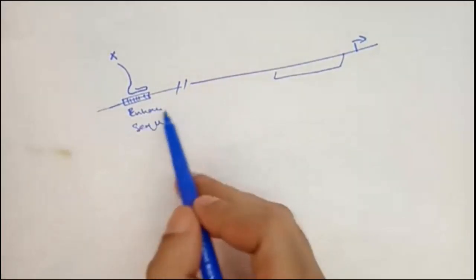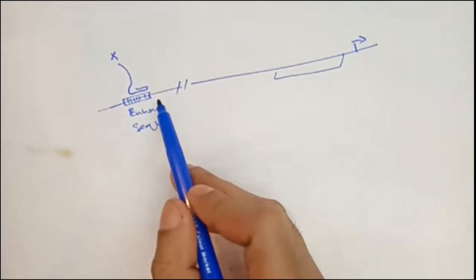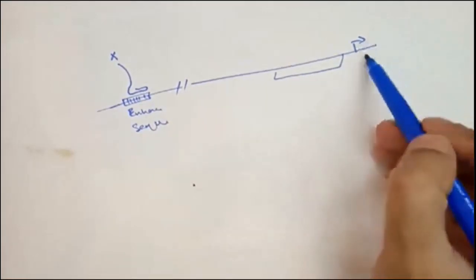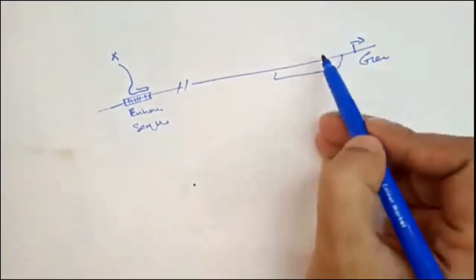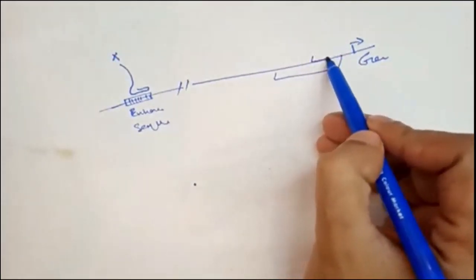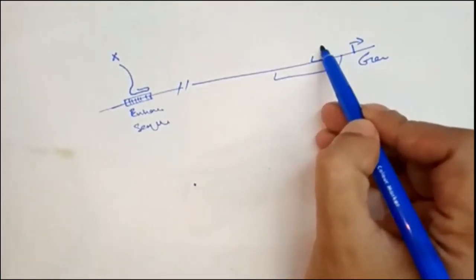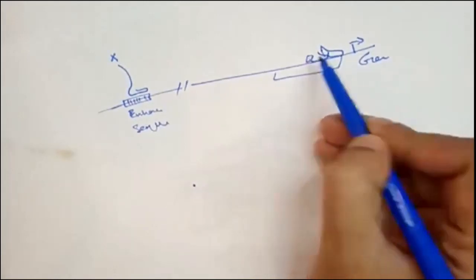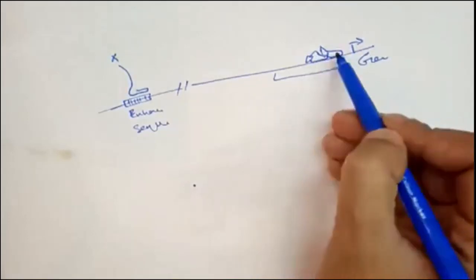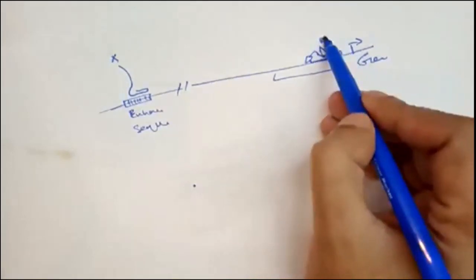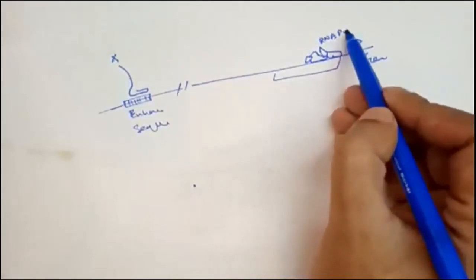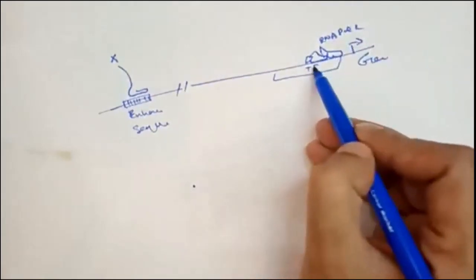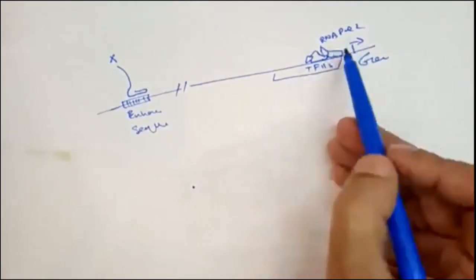So this is an enhancer sequence, and this sequence is supposed to affect the expression of this gene. If the TF2s are here and the RNA pol 2 is here, what does that mean?